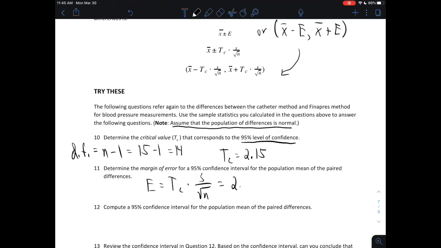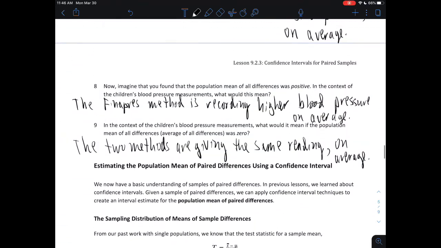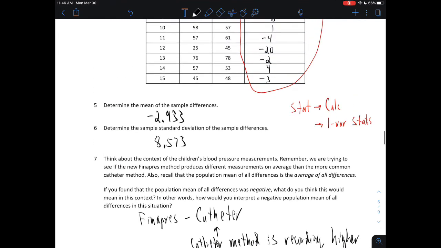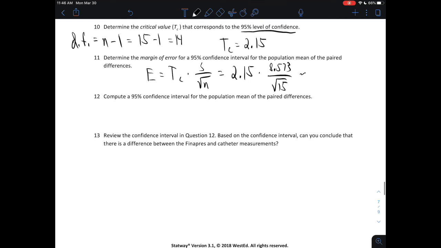So this will be 2.15 times my standard deviation for the sample differences, that was 8.573, divided by the square root of my sample size, square root of 15. So I'm just going to type 2.15 times 8.573 divided by the square root of 15, and then rounding to 3 decimal places, approximately 4.759.